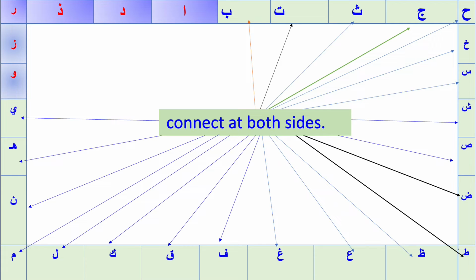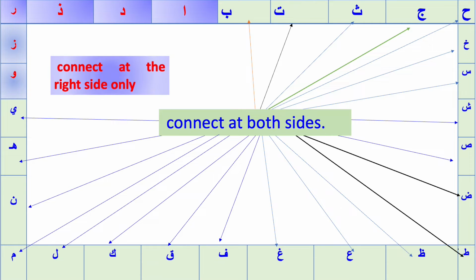The second group is the one that can only connect with the letter to their right hand side: alif, dal, dal, ra, zay, waw.